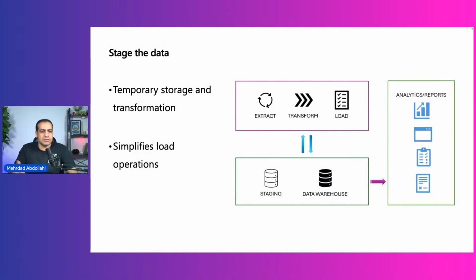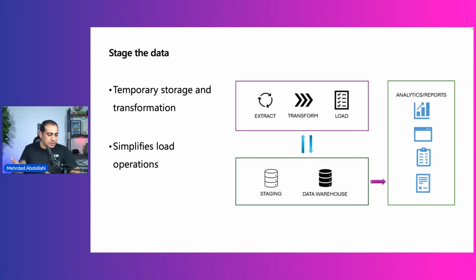For each ETL process, it is good to have the staging of your data, a temporary storage for storage and transformation. When you are extracting the data and transforming it, you can have that staging section, right? It is going to simplify your load operation, so nothing is done on the fly, or you can firstly stage it somewhere as raw data, then go with your needs.